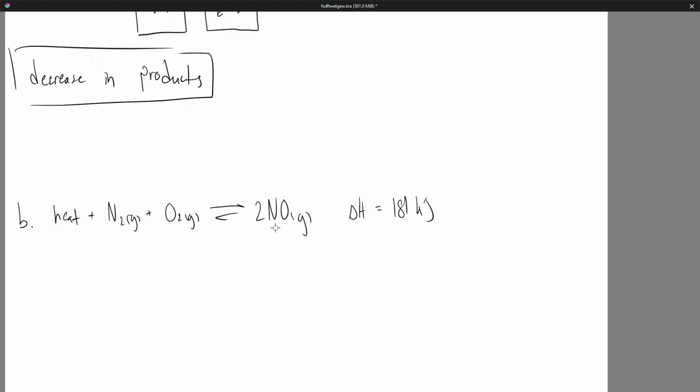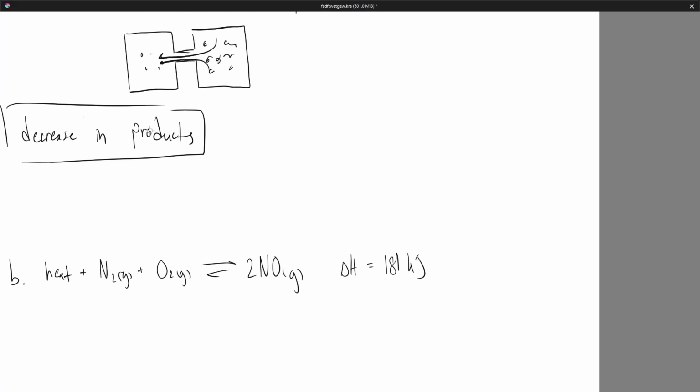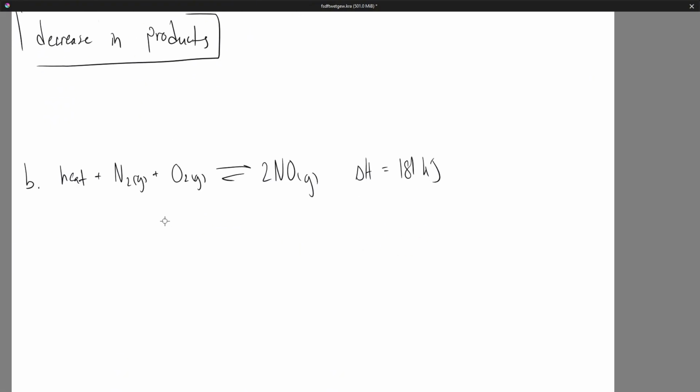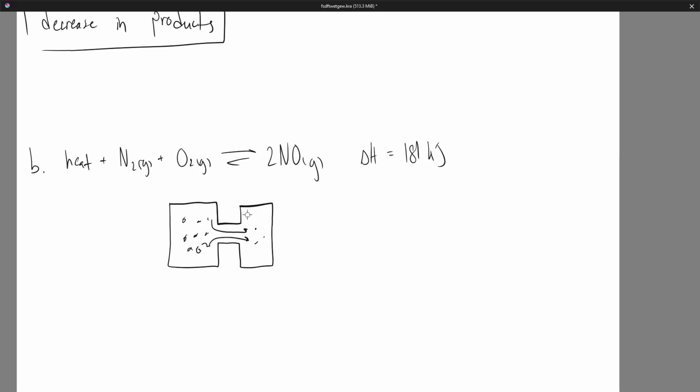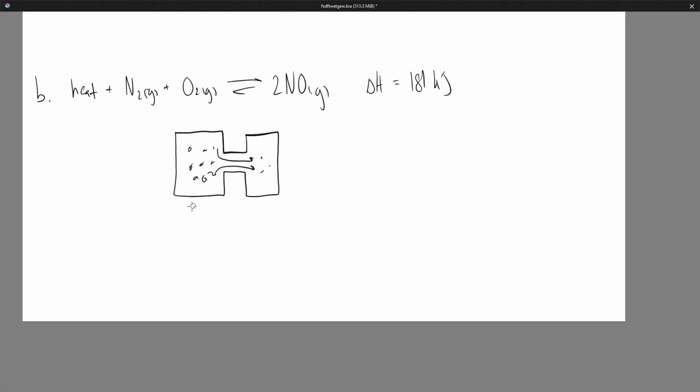Since the temperature is increasing, we're getting more heat, which means it's the opposite of problem A. We have more reactants and less products, which means the reaction is going to start favoring the products and making more of that, which results in the amount of products increasing and the amount of reactants decreasing. But we're only worried about the products, so we just put increase in products.